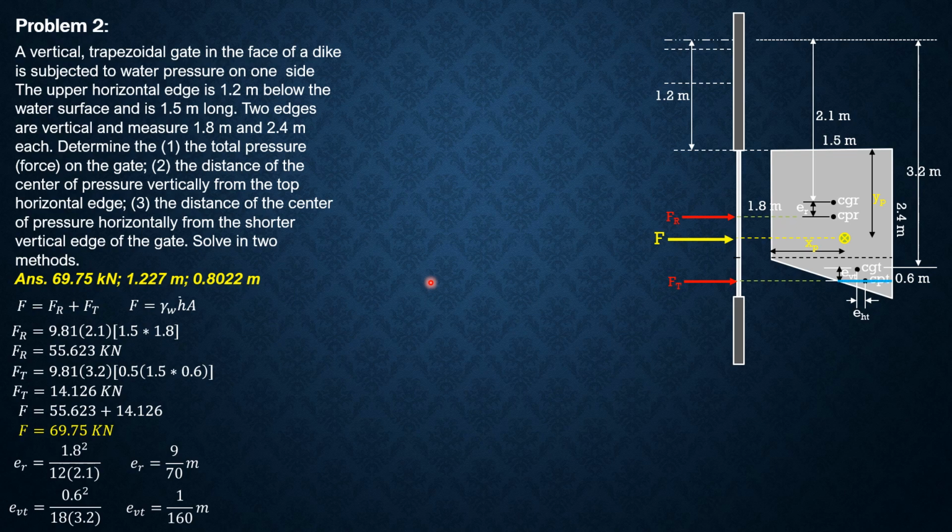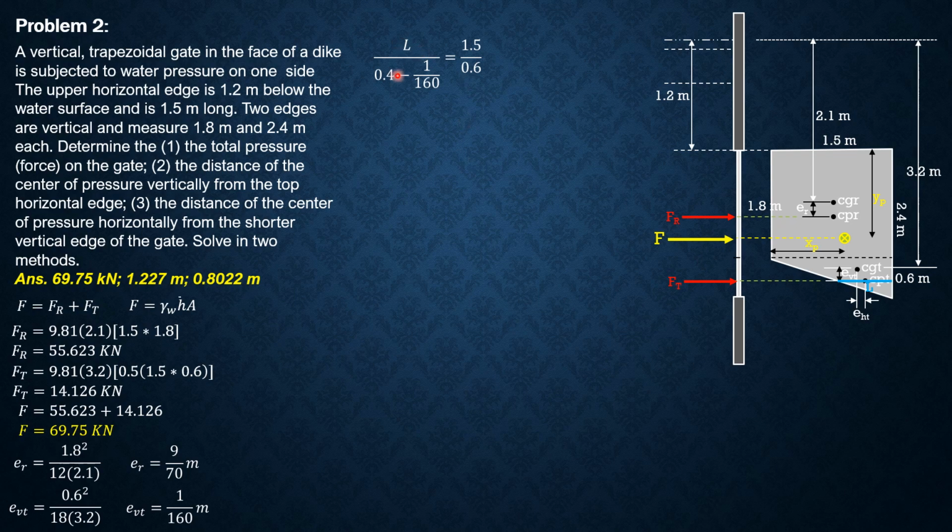So by Varignon's, let's solve for the length of the line through the center of pressure for the triangular part by similar triangles. So L of the triangle is, as to this distance, 0.4 minus e vertical of the triangle, because the vertical distance of the centroid of the triangle to this vertex here is 0.4, because this is 2/3 of 0.6.